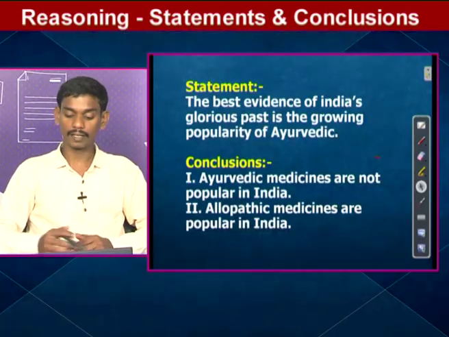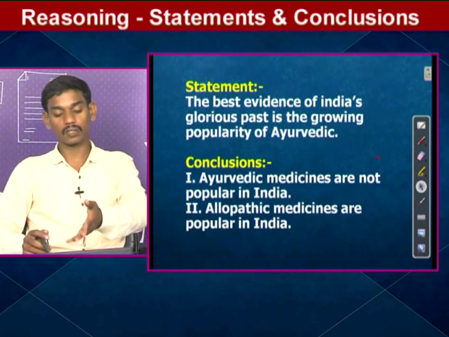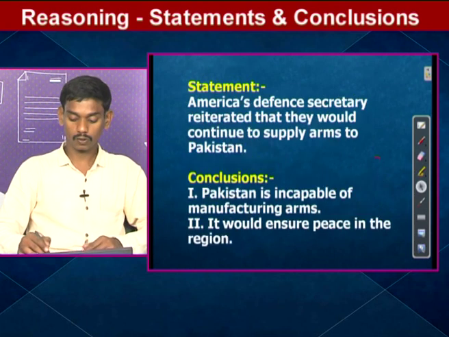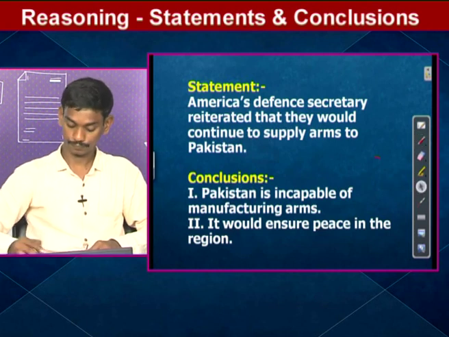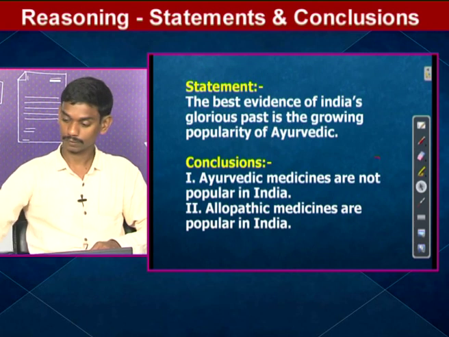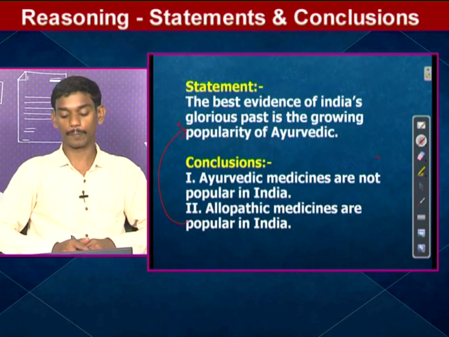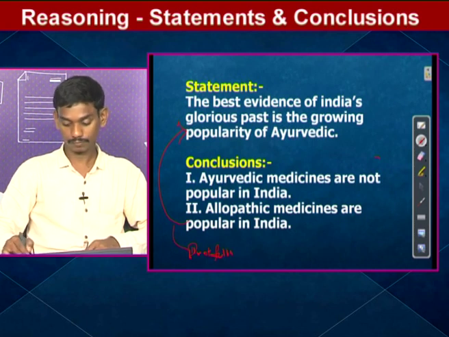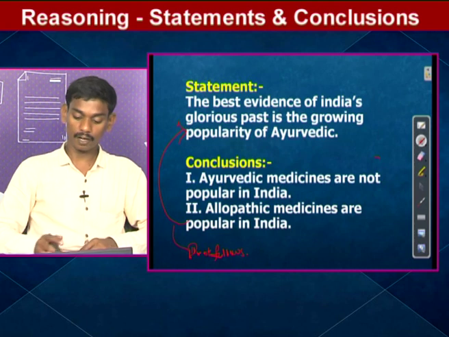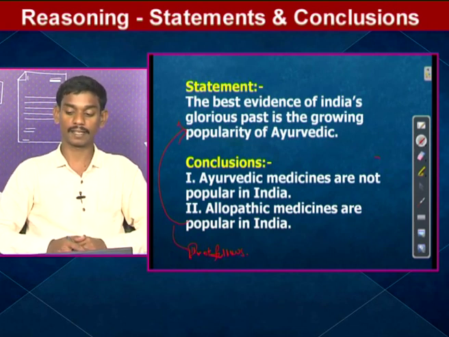They are not talking about allopathy medicines in that statement. So there is no relation. We are not talking about allopathy in the given statement, so the second one does not follow. And coming to Ayurvedic medicines are not popular in India, we are talking about the growing popularity of Ayurvedic medicines as evidence of India's glorious past.